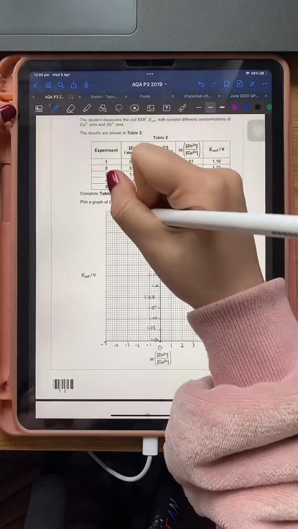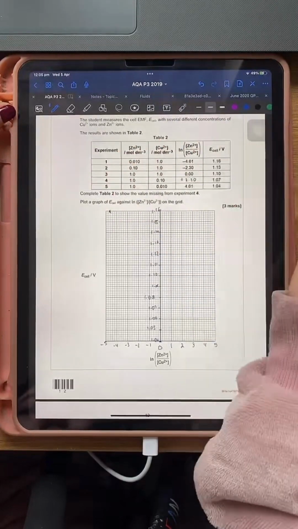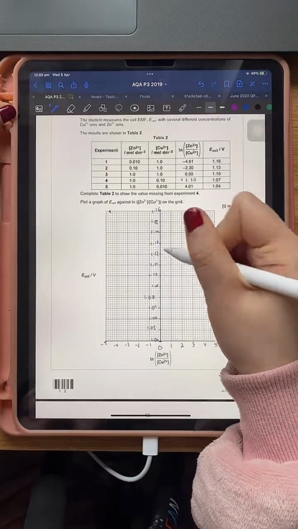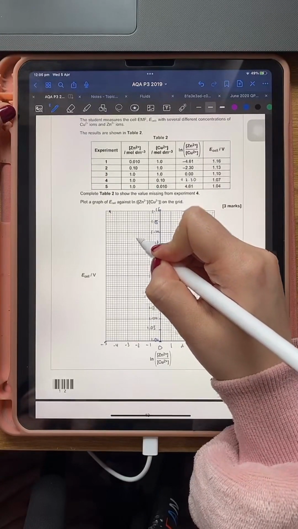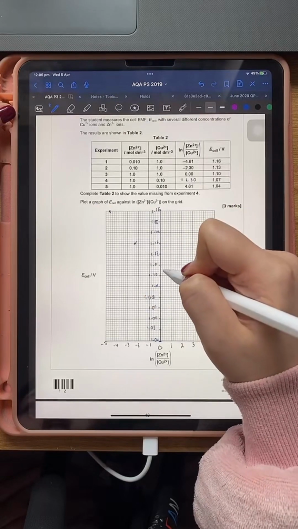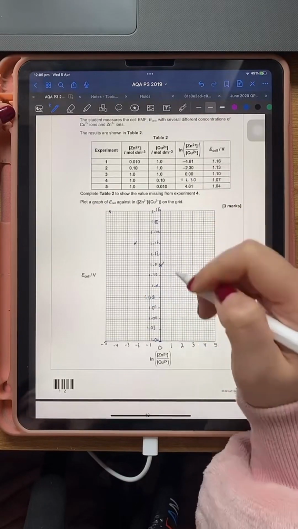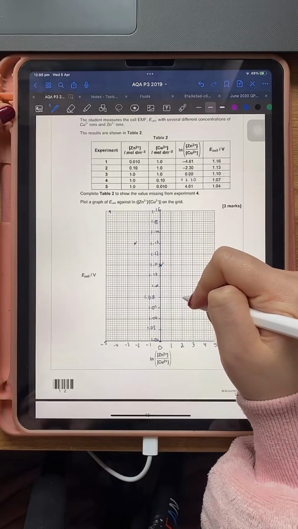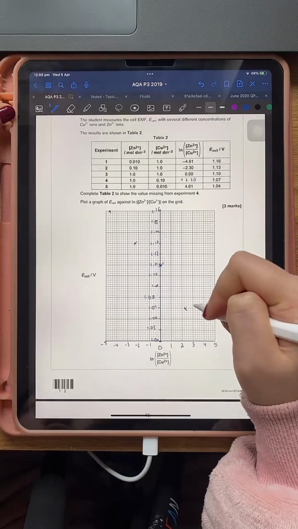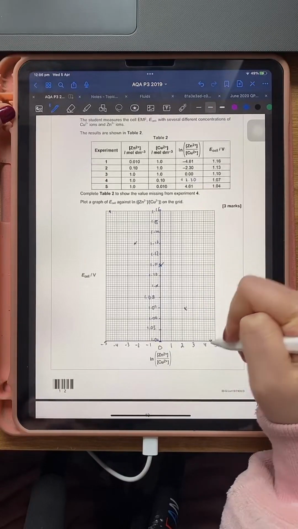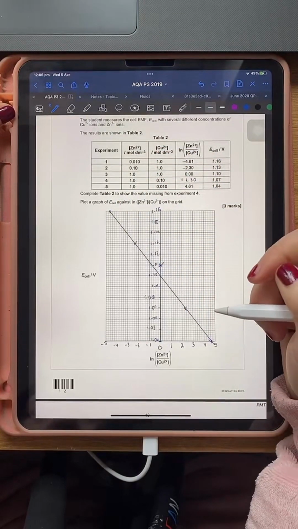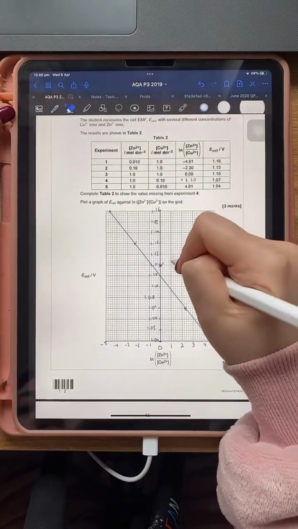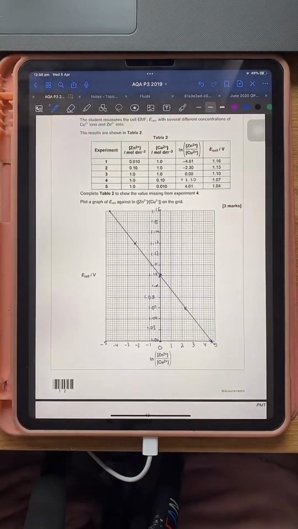We have minus 4.61 and 1.16, minus 1.13, sorry, 1.13 and minus 2.3. Mm, 2.3 and 1.07, so that's over here. And then, yeah. Something like that. Oh, this is wrong. There we go. Okay.